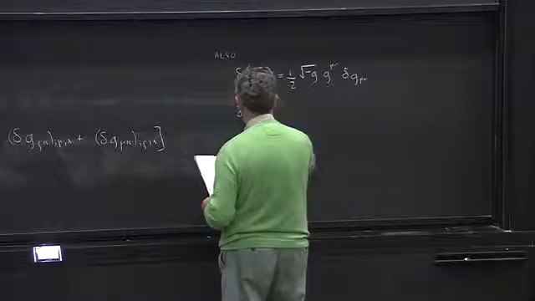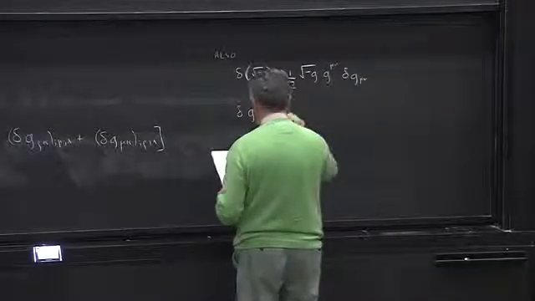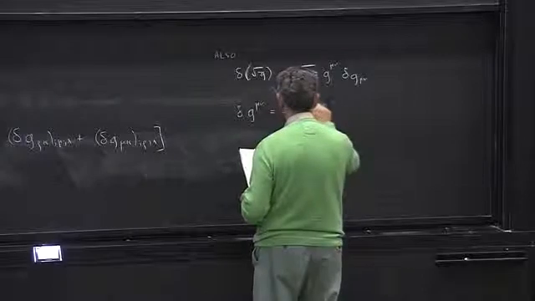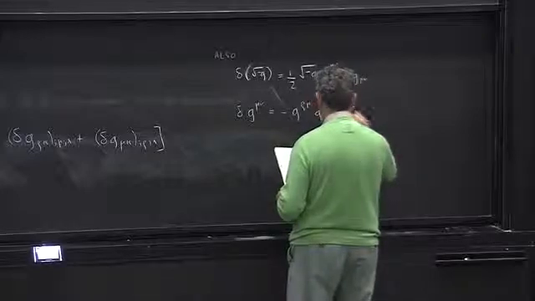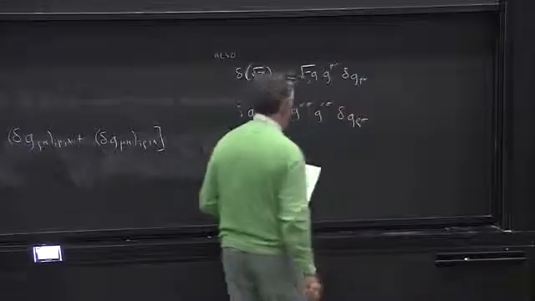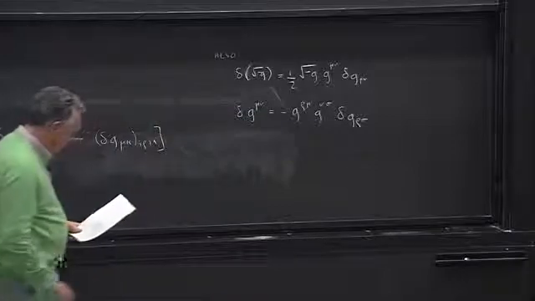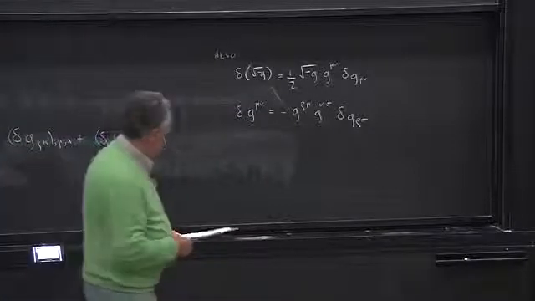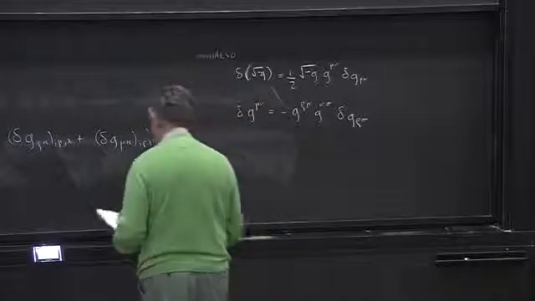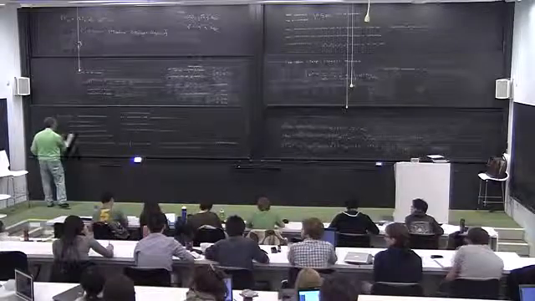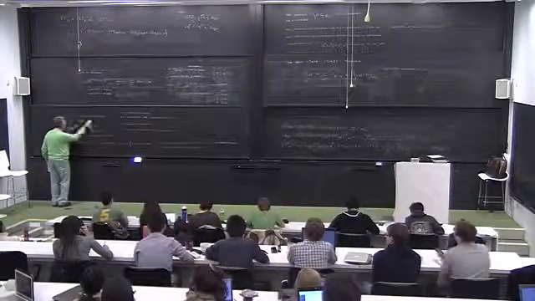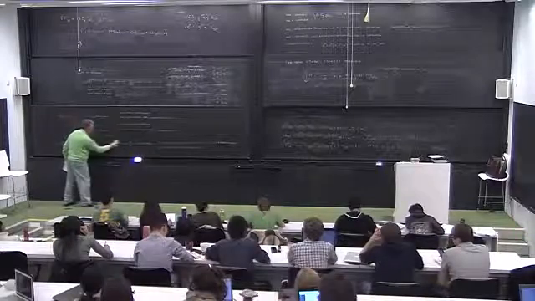And delta G mu nu upstairs is minus G rho mu G nu sigma delta G rho sigma downstairs. So we can collect these results together and write the variation of the Einstein-Hilbert action.